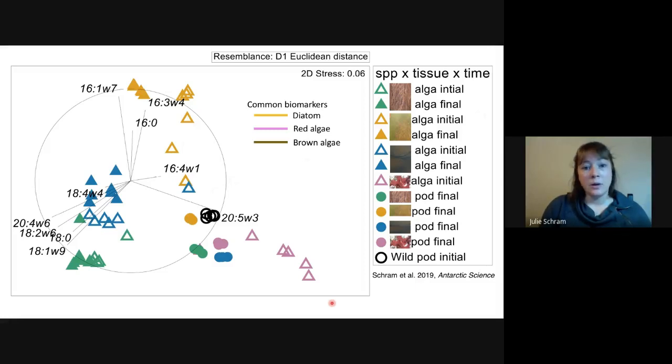Not everyone is always able to test whether these biomarkers truly are biomarkers for these things, but in this case, we are able to do that. And you can see that the fatty acid biomarkers that are commonly used for each of these species are driving some of the distribution. So here we've got brown algae, and these fatty acids here are often used as biomarkers for brown algae, the same with the diatoms and the red algae.